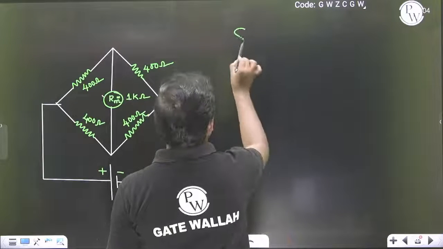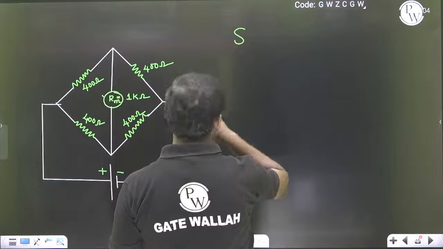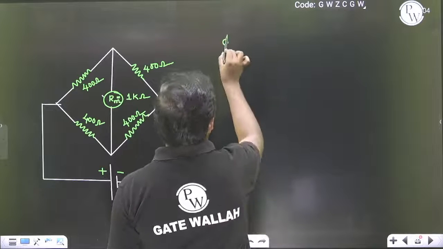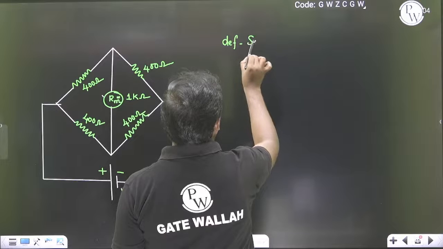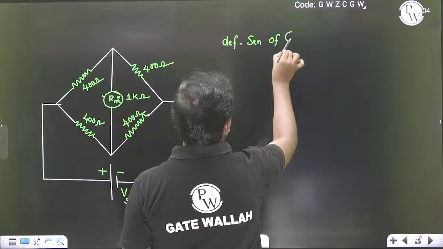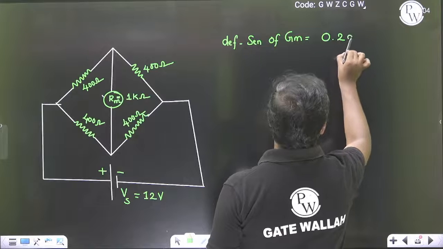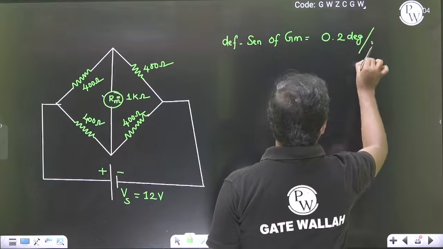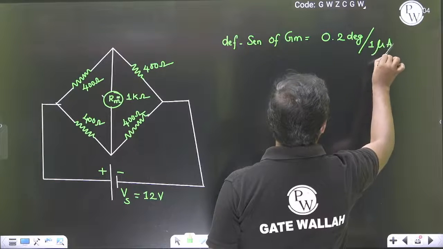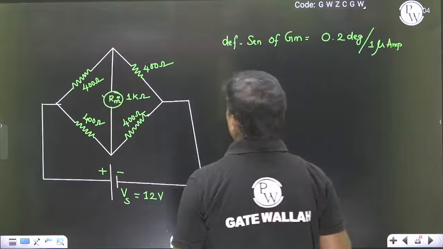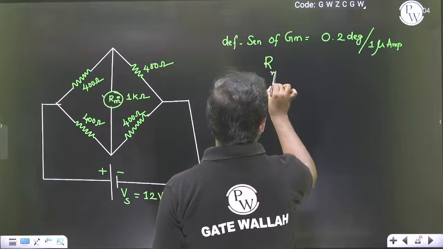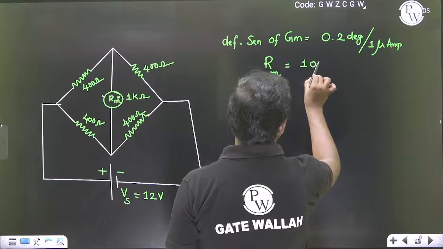The deflection sensitivity of galvanometer is given as 0.2 degree per 1 microampere, and the meter resistance of the meter is equal to 1000 ohms.